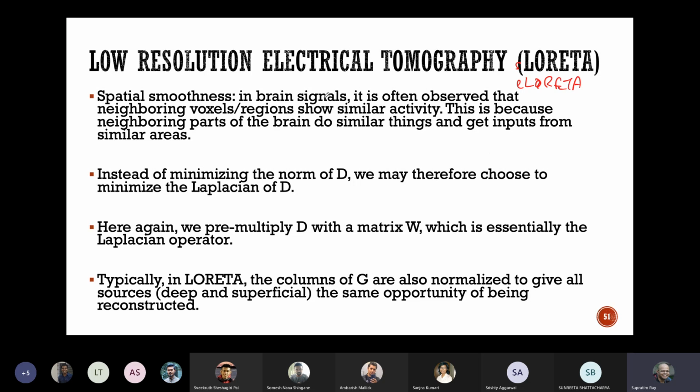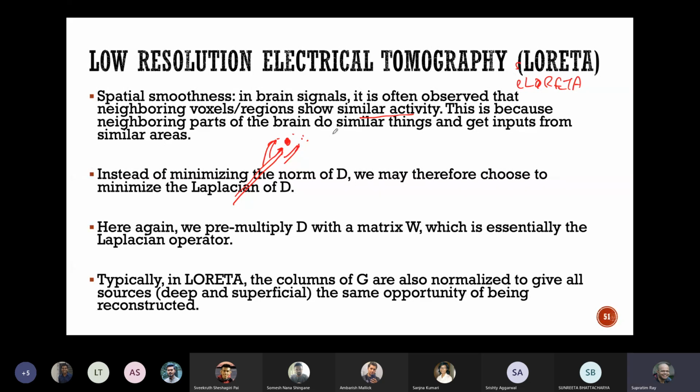So the logic here is that in the brain, this is not on the scalp, in the brain, you rarely have a situation that one part is very active and the neighbors are not active at all. That is because in the brain, when some information goes in one part, chances are quite high that they will activate nearby parts as well. So neighboring voxels usually show similar activity.